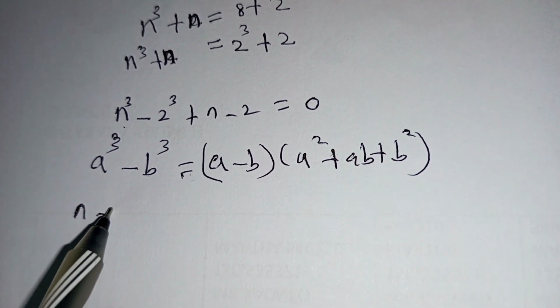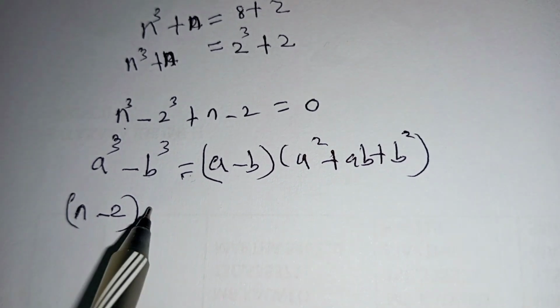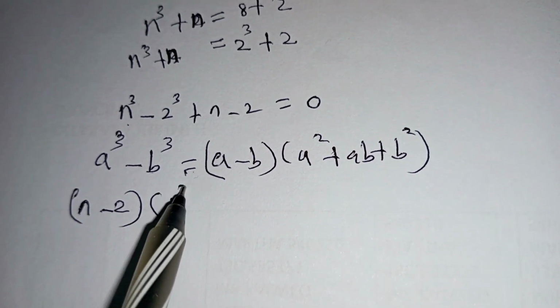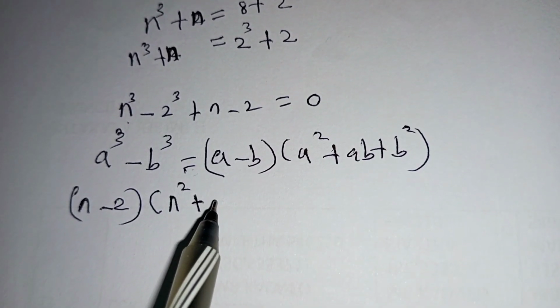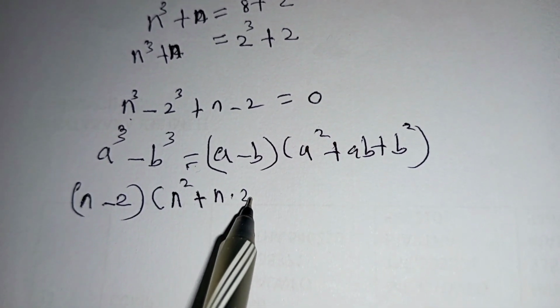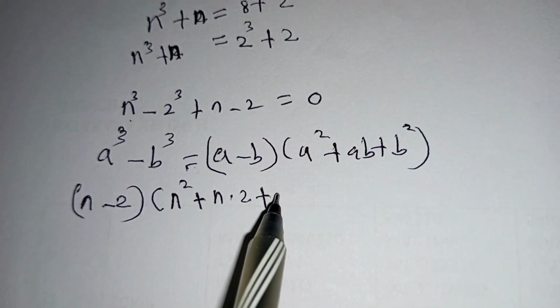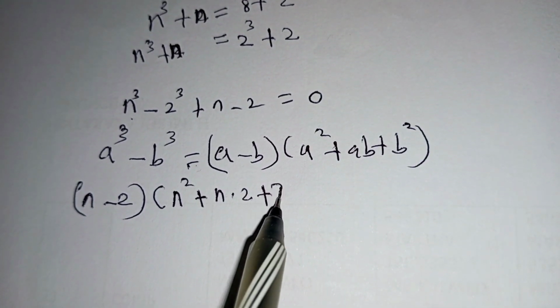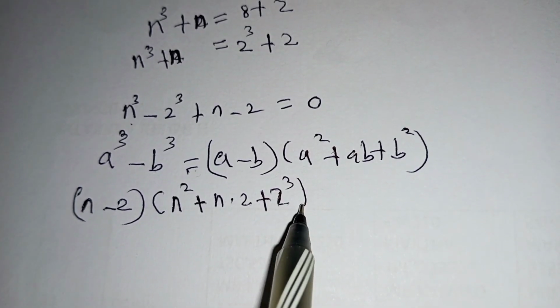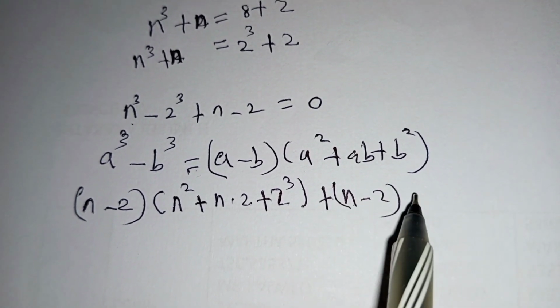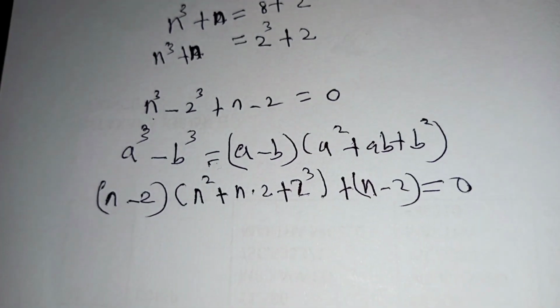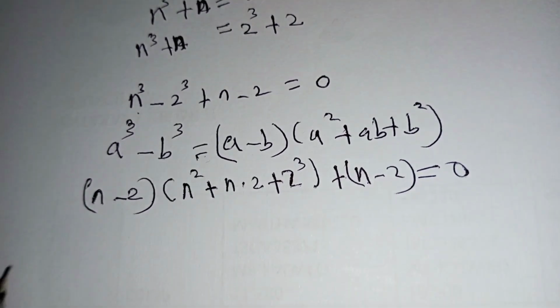multiplied by n squared plus n multiplied by 2 plus 2 squared. Then we add n minus 2, and on the right hand side this is equal to 0.